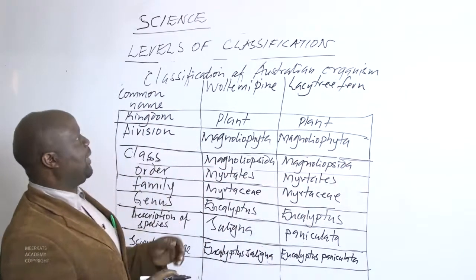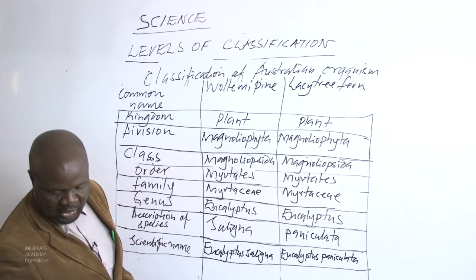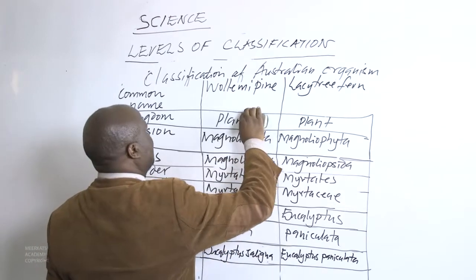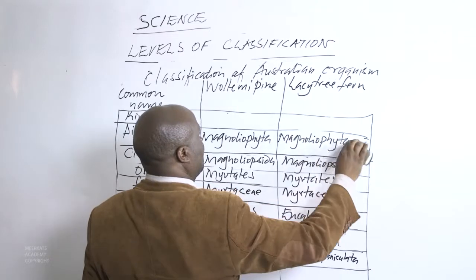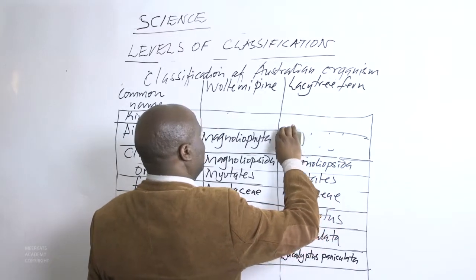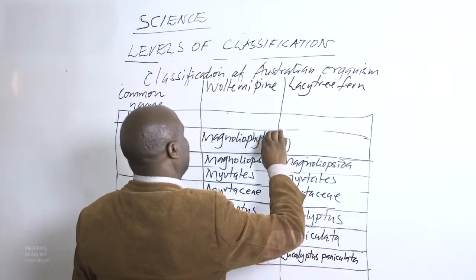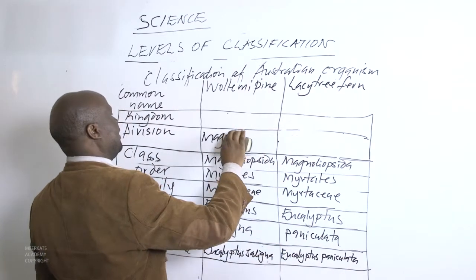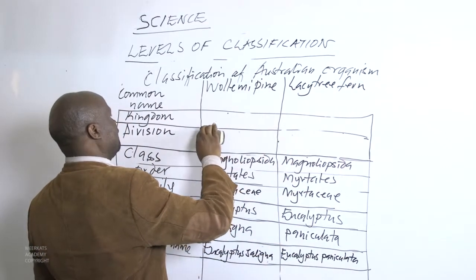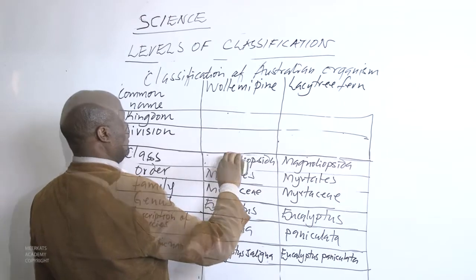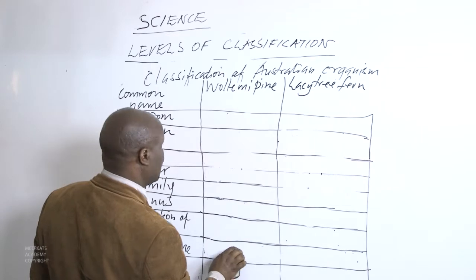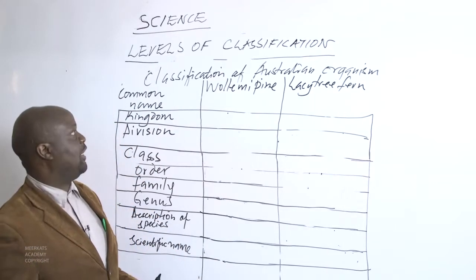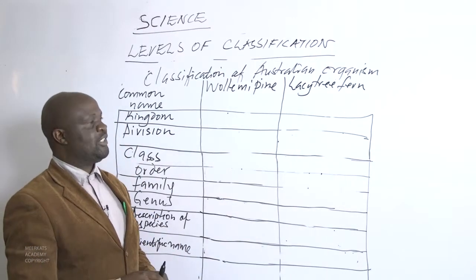We shall see the differences that will emerge when we are classifying them in their correct levels of classification. Now, we shall classify the Wollemi pine and lacy tree fern.